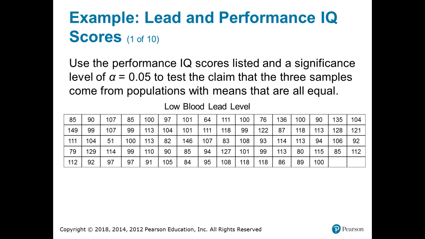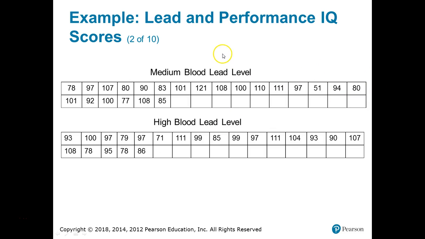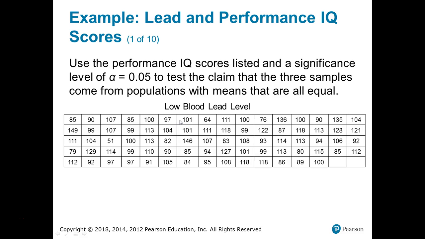So we want to know what the relationship is between the lead content in individuals and their performance IQ. Okay, so if you have low blood lead levels, medium blood lead levels, and high blood lead levels, we want to know, does the amount of blood lead in your body affect your IQ?